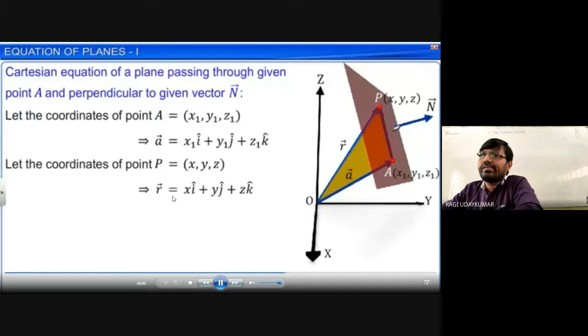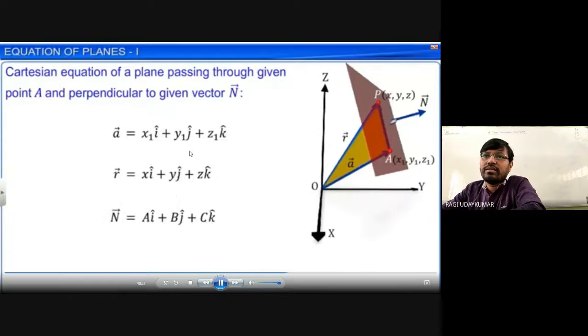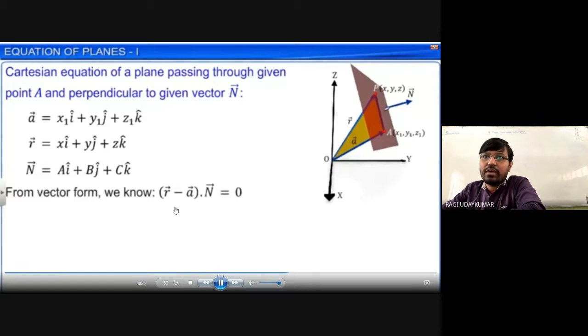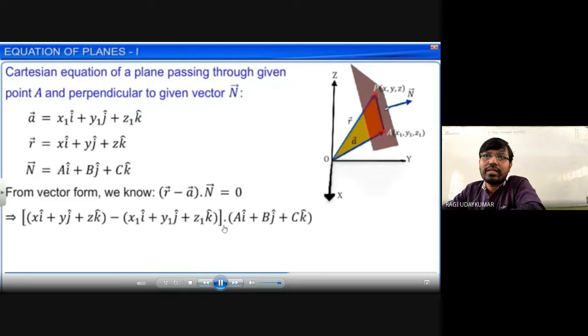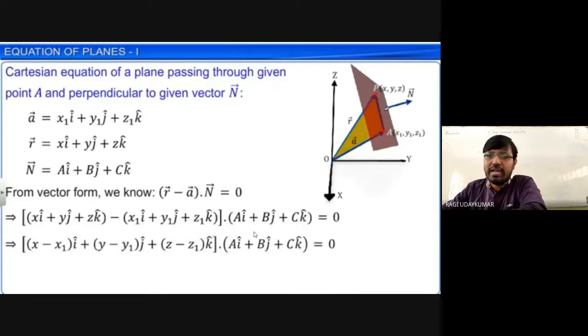So R bar is equal to xi plus yj plus zk, and you substitute these values in the vector form. If the direction ratios of the normal vector are capital A, B, C, then (R bar minus A bar) is x minus x1, y minus y1, z minus z1, dot Ai plus Bj plus Ck. Finally you get A into x minus x1 plus B into y minus y1 plus C into z minus z1 is equal to 0.